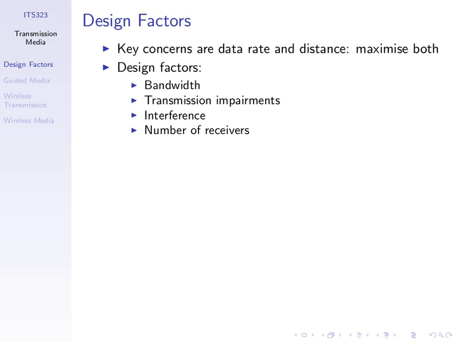In some cases, the number of receivers connected to some transmission media impacts upon the distance and the data rate. If you add more receivers in some systems, the distance at which you can transmit reduces, and so does the data rate. So these are some of the main factors that will limit the data rate and distance.